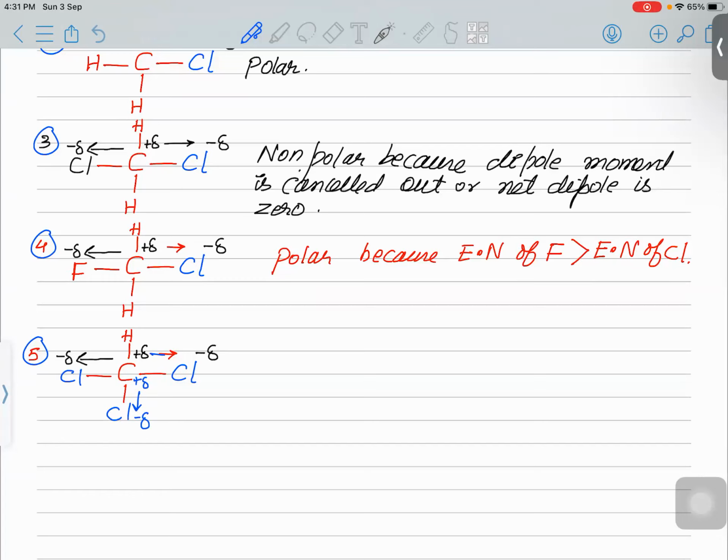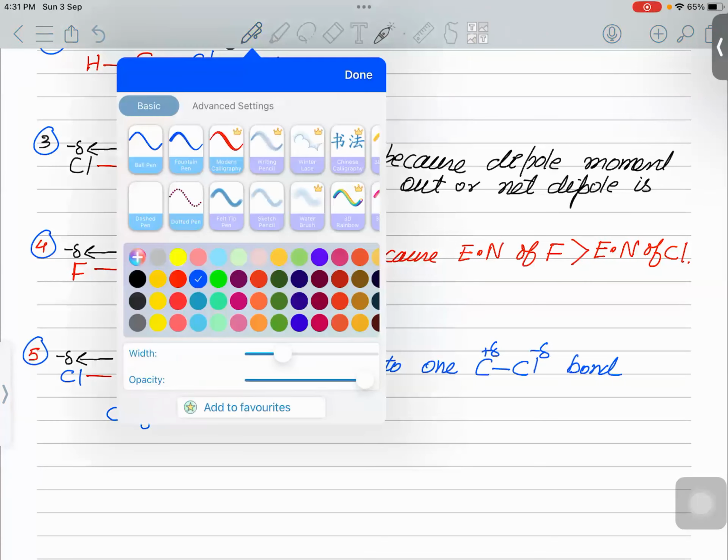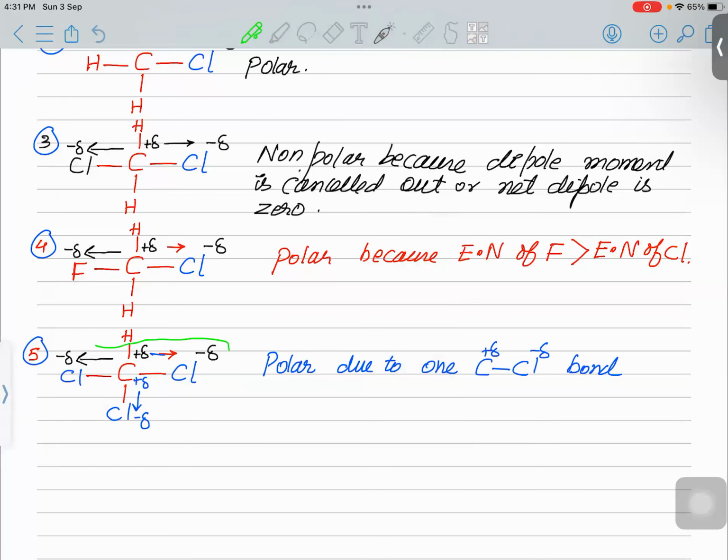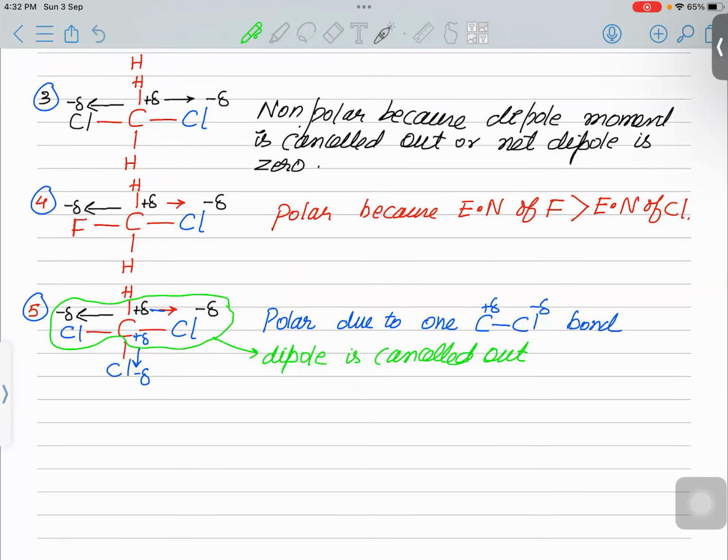Because two chlorines will cancel out, but there'll still be one left. Exactly. So this is polar, due to one carbon-chlorine bond. So this dipole is cancelled out, while the remaining half is not.